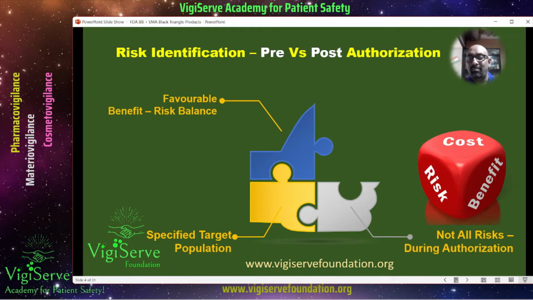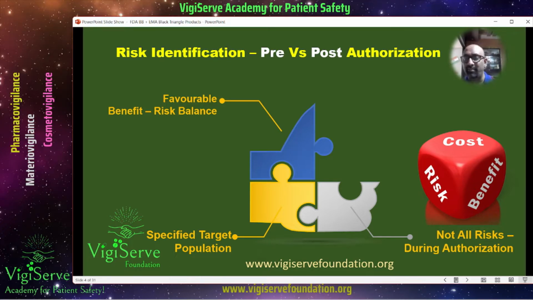Then also, during the pre-authorization phase, not all risks are identified. That is because you have a limited number of subjects in the clinical trials. What if the incidence of an adverse event is 1 in 5,000, and you undertook a clinical trial with only 500 subjects? It is very likely that you might miss an adverse event with an incidence of 1 in 5,000, right?